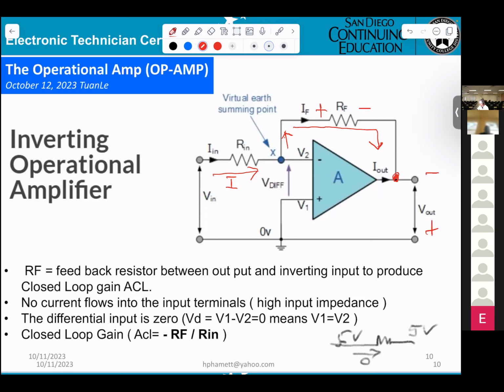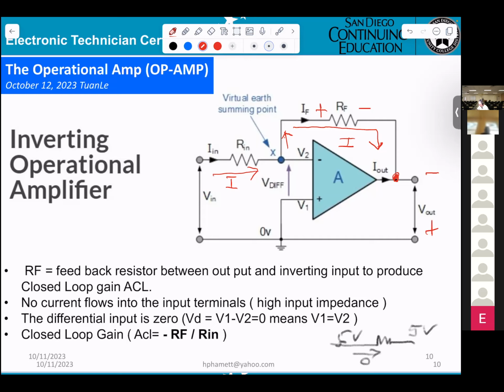Go in the op-amp, going down? Which one? Positive. I want to know this current I here. That current's negative, right? This current positive, right? They go through the resistor.